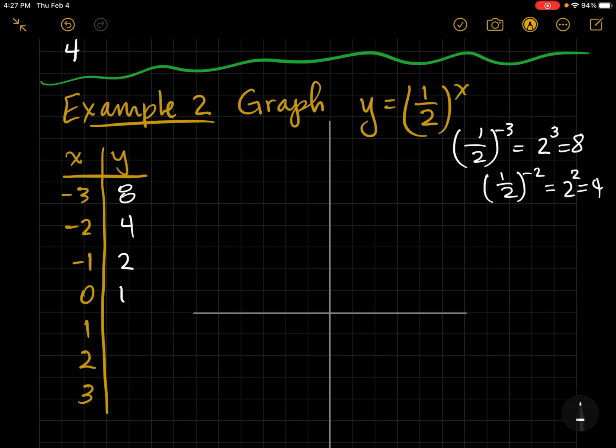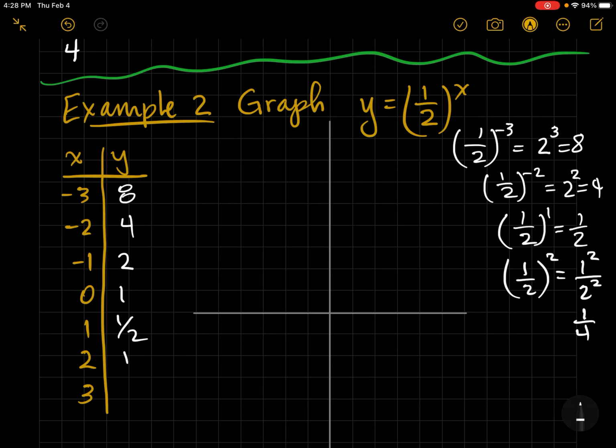Again, anything to the 0 power is 1. What happens if we punch in 1? Well, that's just 1/2. What happens if we put in 2? We distribute that exponent, so we get 1 over 4. And 1 over 8. And as we graph these points, we'll see that these numbers are very familiar.